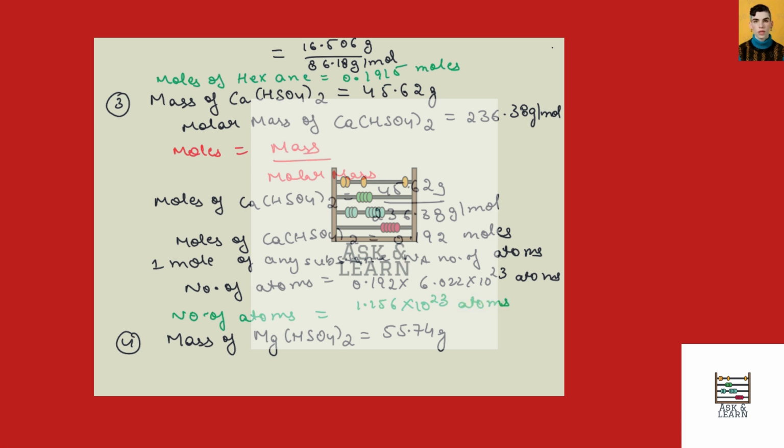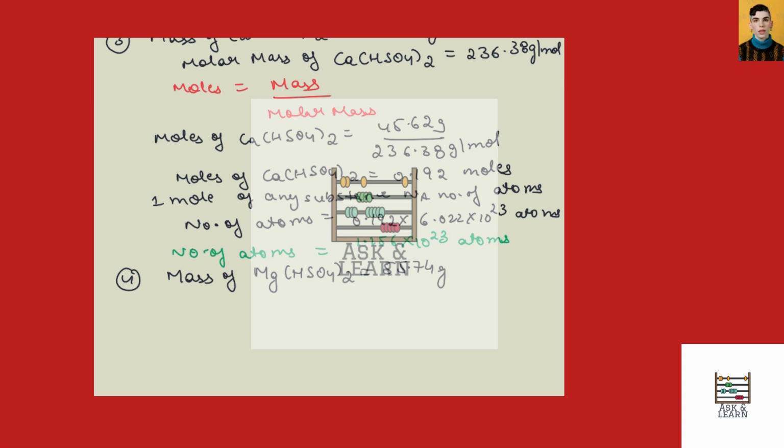Now in the next part, the mass of Mg(HSO4)2 is given and we have to find the number of molecules. Firstly, the molar mass of Mg(HSO4)2 is 218.43 gram per mole. Firstly we have to find its moles. Moles is equal to mass upon the molar mass.